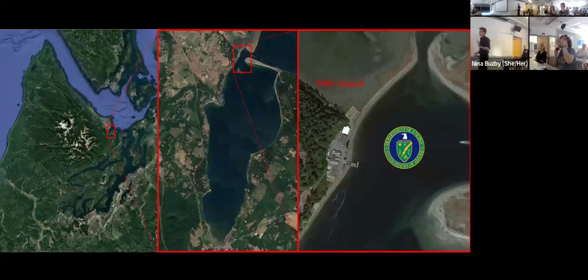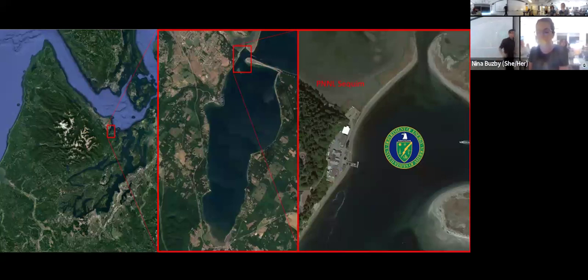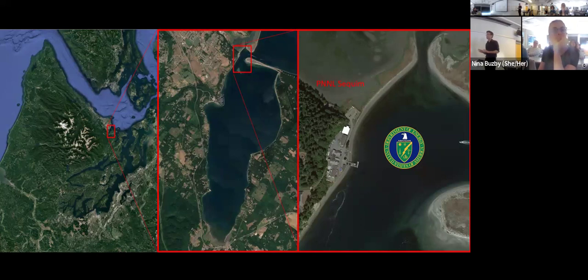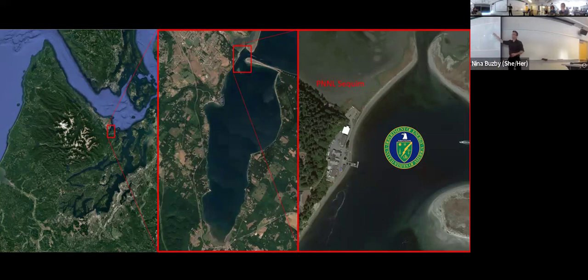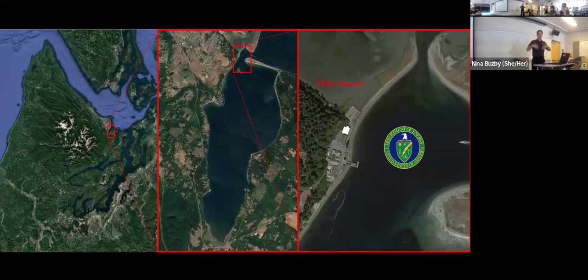This is the location. We are here in Seattle. That's the Strait of Juan de Fuca that you can see up there. The first red box is the area around Sequim Bay. The middle red box is showing Sequim Bay itself. And then the final one is the Pacific Northwest National Laboratory campus, which is run by Battelle on behalf of the Department of Energy.